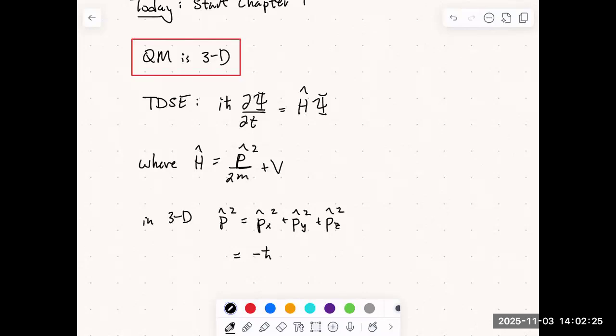So we could write this as minus h bar squared, and then 2 derivatives with respect to x, plus 2 derivatives with respect to y, plus 2 derivatives with respect to z. Here I'm writing this in Cartesian coordinates.